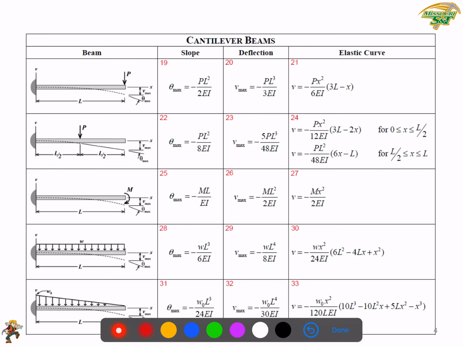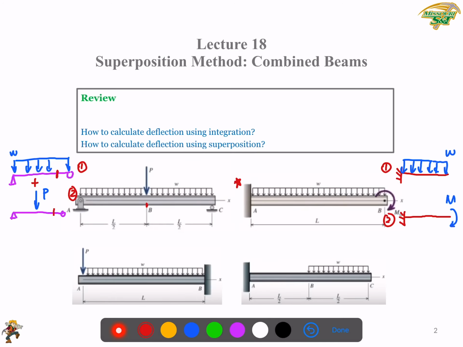In the cantilever beam table, this is our beam 1 and this is our beam 2. You can use equation 30 and equation 27, or equation 29 plus 26, to determine the deflection at a random point or the maximum deflection at the free end.